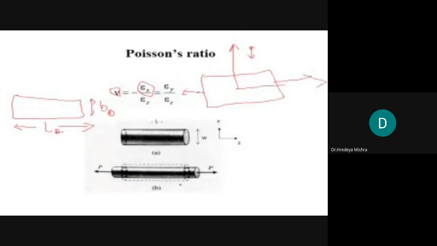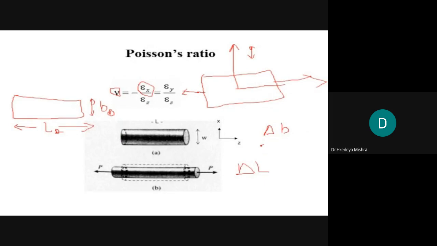After application of the force, what happens? In the x direction, delta L elongation is there; length is increased by delta L. In the y direction, where B naught is, delta B is the decrement in the width.